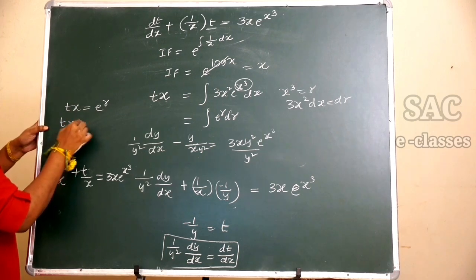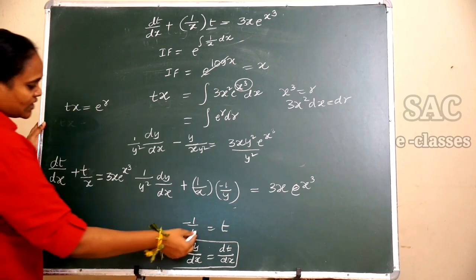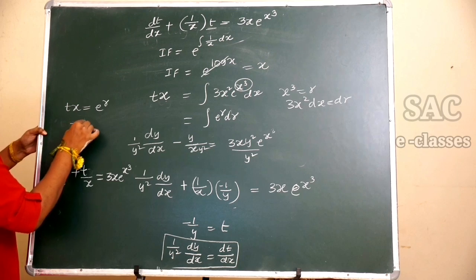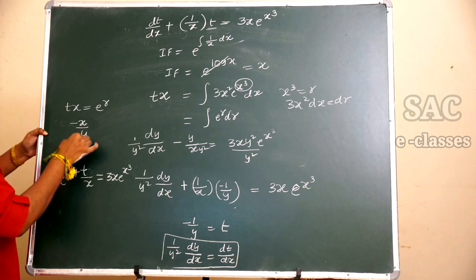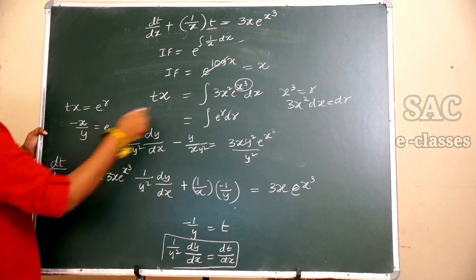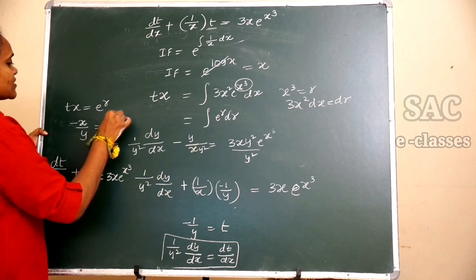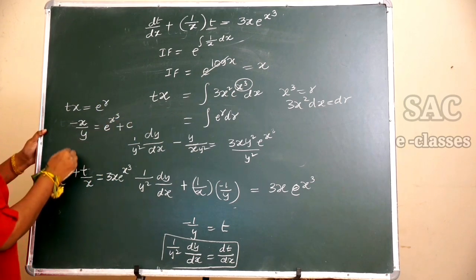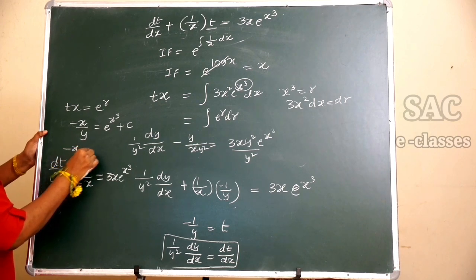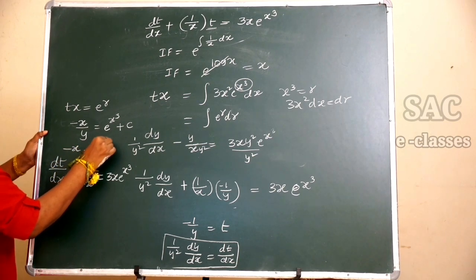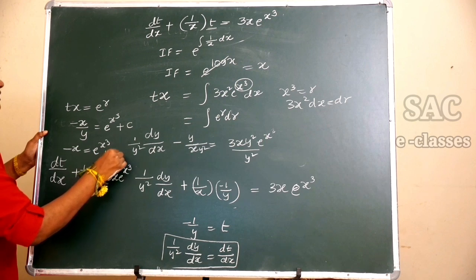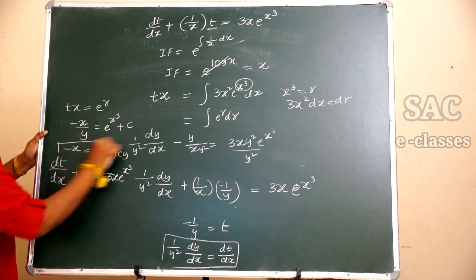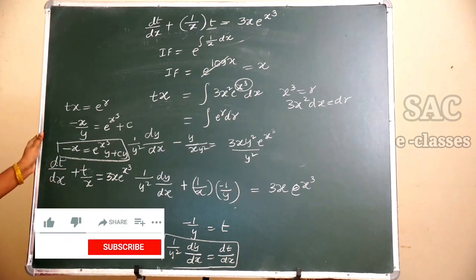Here t is actually minus 1 by y, so minus x by y equals e power r, where we have taken r as x cube. Maybe if you want, take plus c. Then minus x is equal to e power x cube into y plus cy, which will be the required solution.